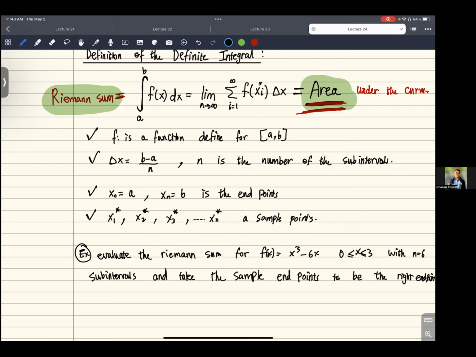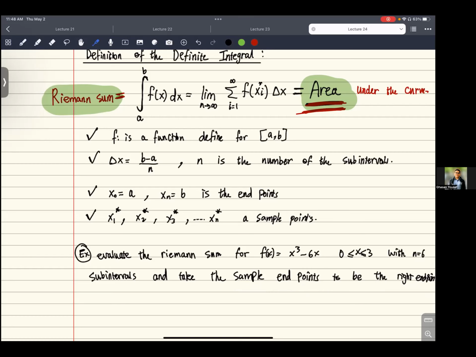Again, the sample point sometimes is the midpoint, sometimes the left point, sometimes the right point. But in this question, I told you the sample endpoint is the right endpoint. So we're gonna do it together. This is the same as the previous example, nothing new here.